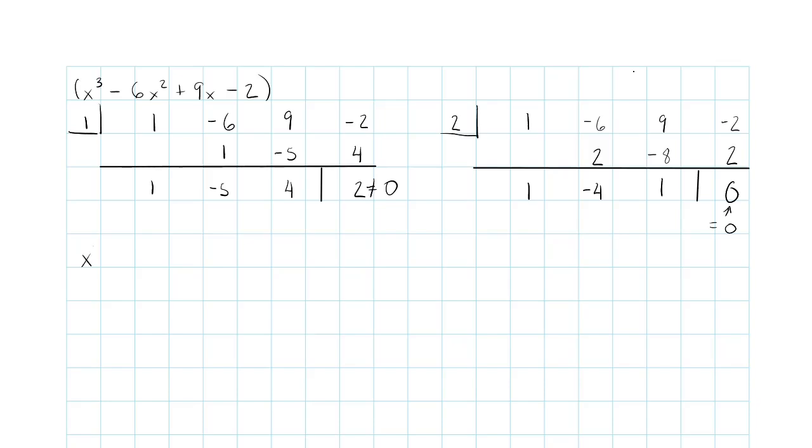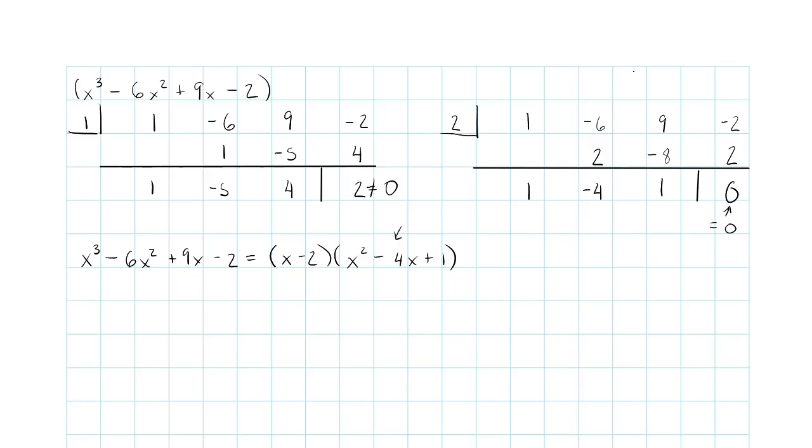In other words, x to the third minus 6x squared plus 9x minus 2 factors as x minus 2 times x squared minus 4x plus 1. And then I don't have any possible rational roots left.